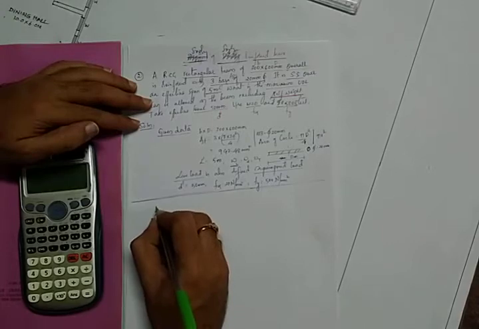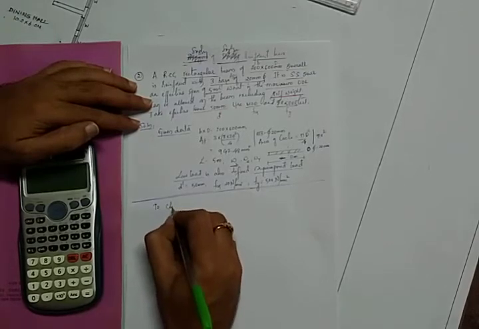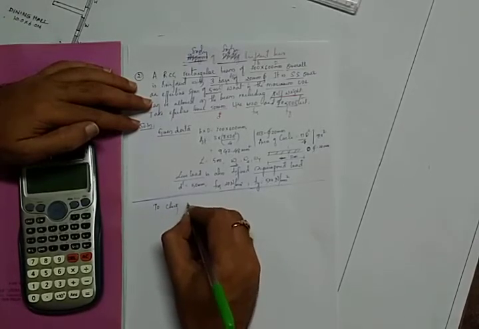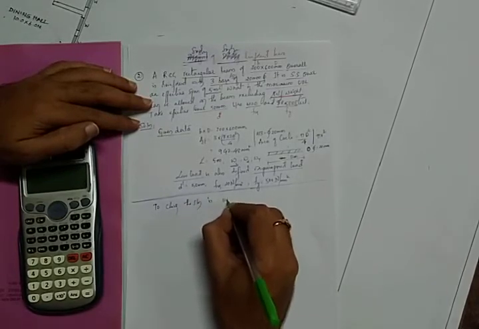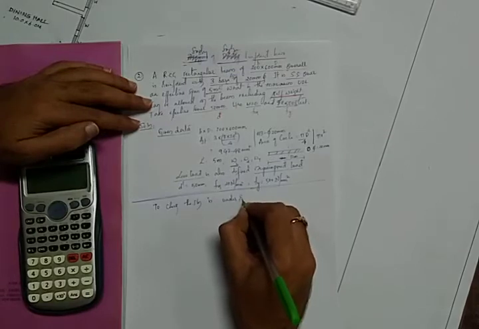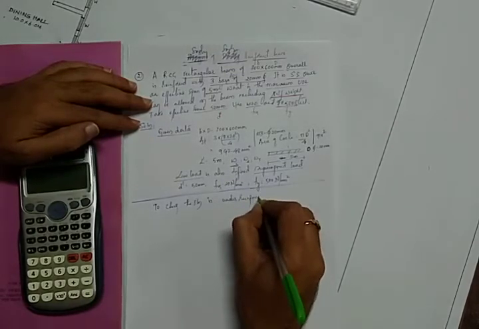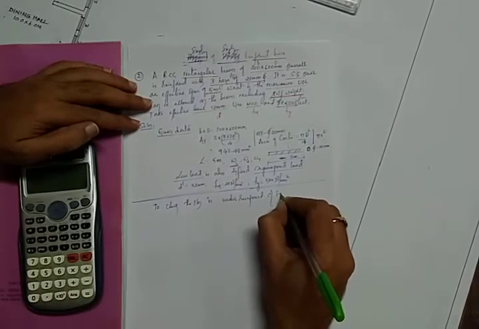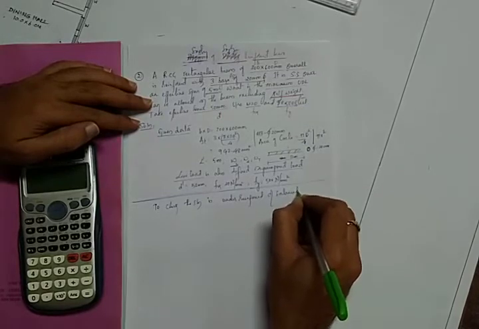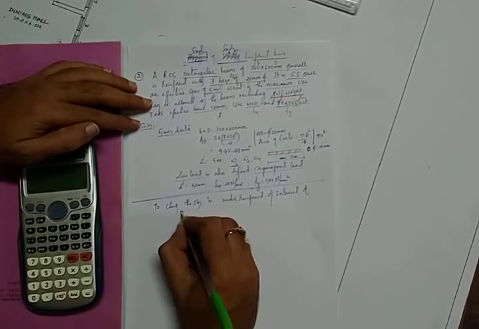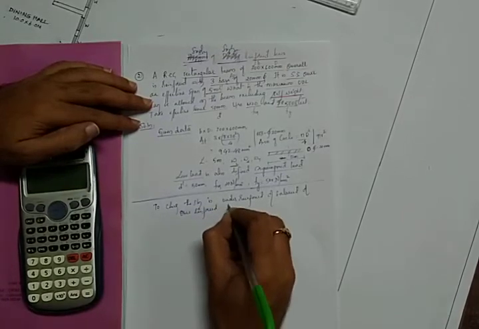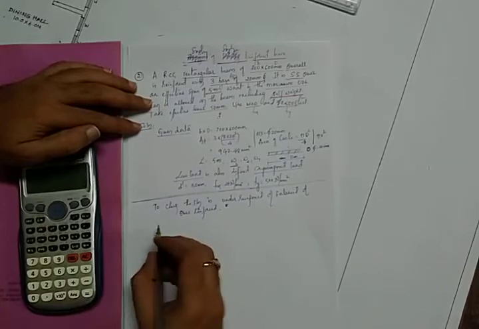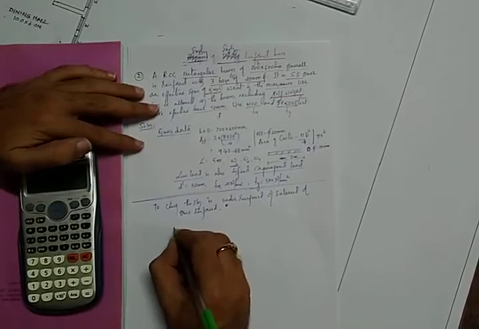So therefore I will write here: to check the section is under-reinforced or balanced or over-reinforced section. So therefore I have the Xu by d formula.